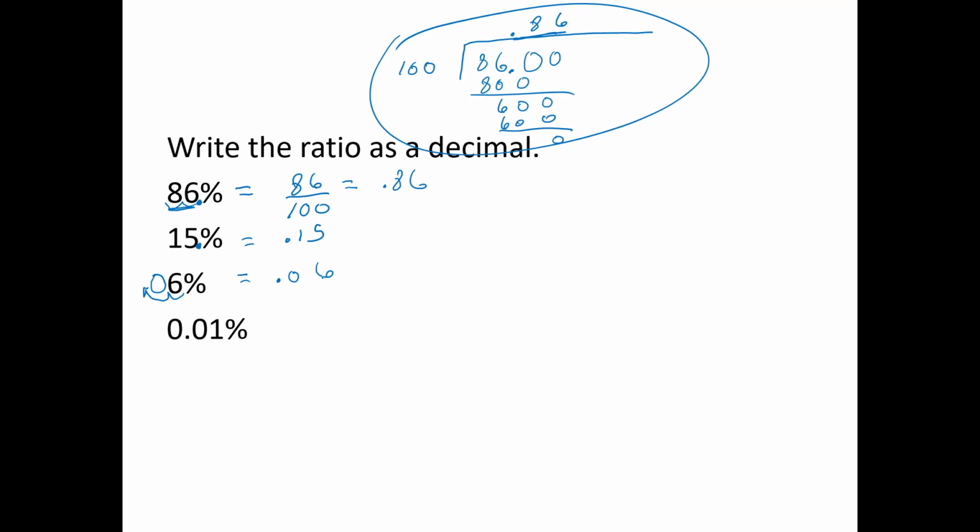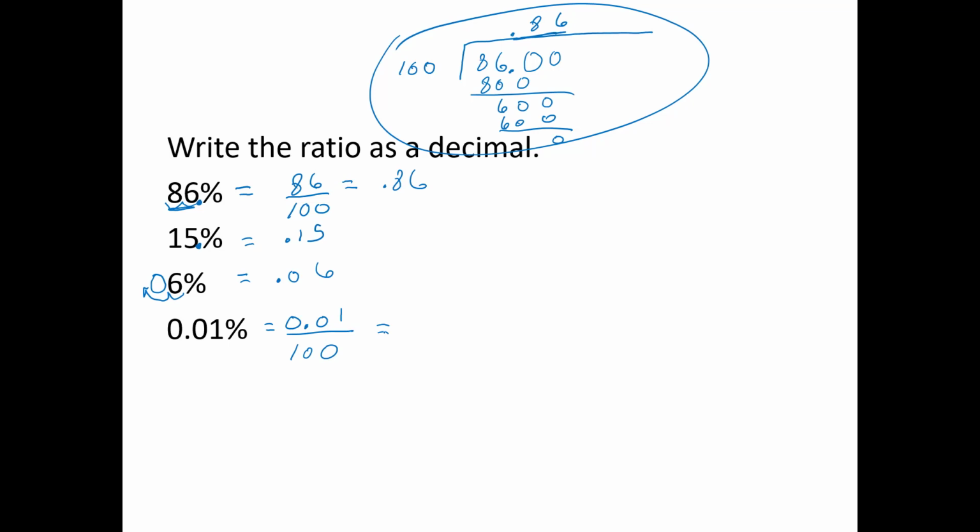place where people get confused is when they have a percent that is already a decimal, right? Again, all this means is 0.01 over 100. That's what the percent symbol means.